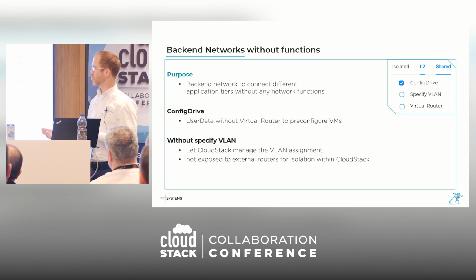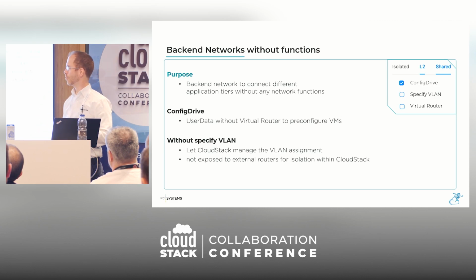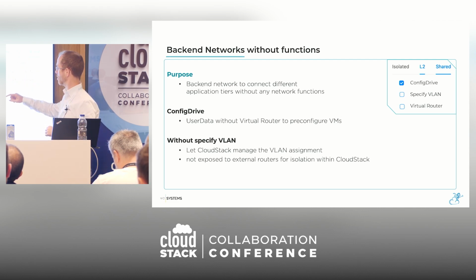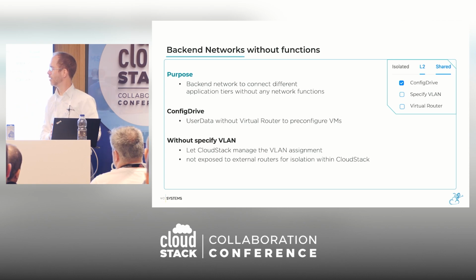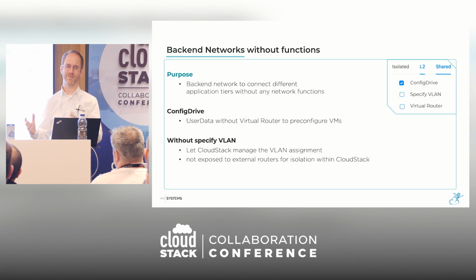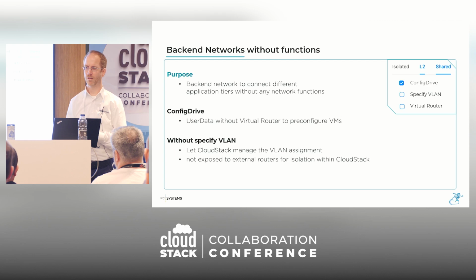And I mentioned the layer 2 networks. Layer 2 networks we use mainly with ConfigDrive and without specified VLAN. I have another one for that. We use it for just a stupid network for multi-tier applications, for example, in CloudStack.